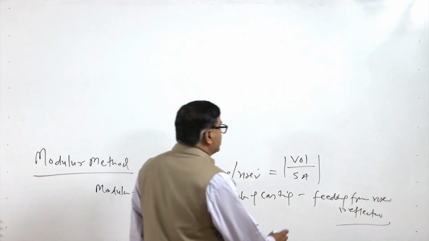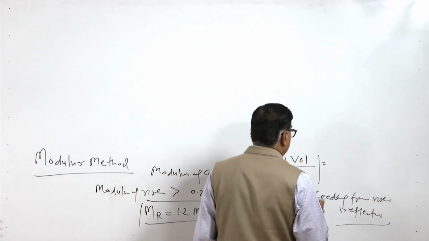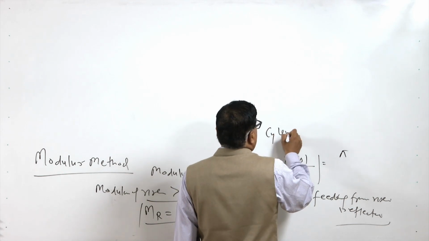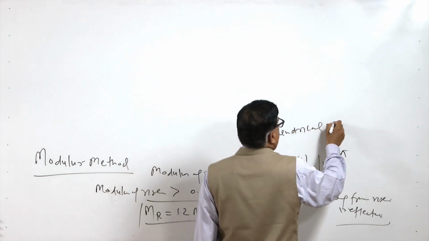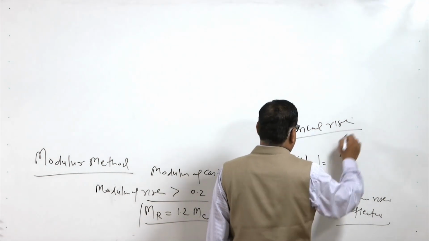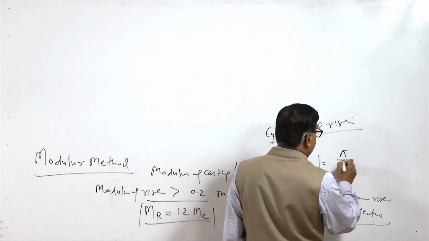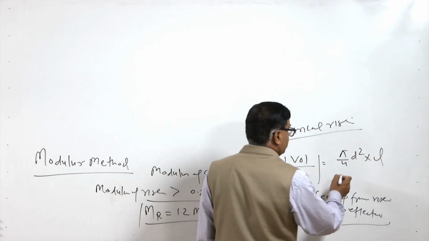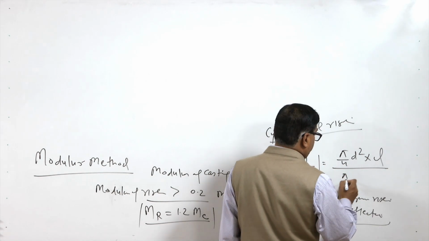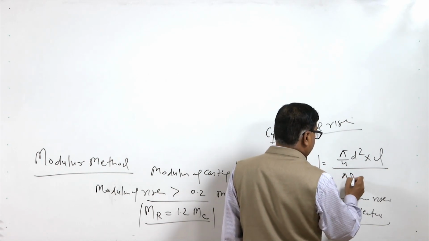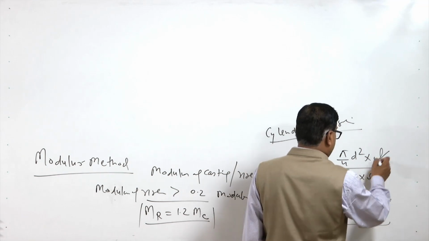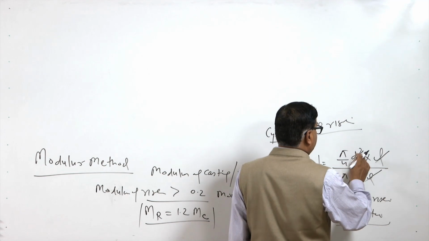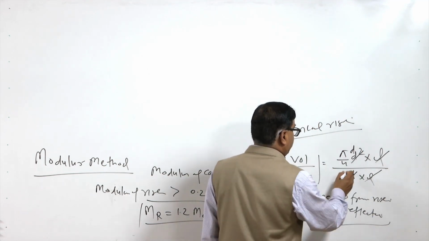So, if we go by this, then for a cylindrical riser or casting, the volume is pi by 4 d square into L, where L is the length and d is the diameter, divided by the surface area, which is pi d into L. So, here L and L will be cancelled, d and d will be partly cancelled, so 1 d is left, pi and pi will be cancelled.